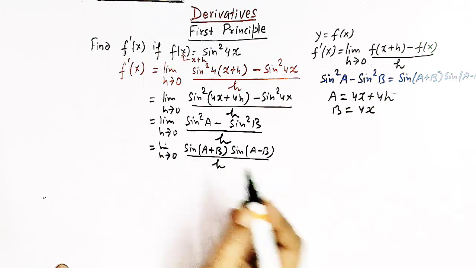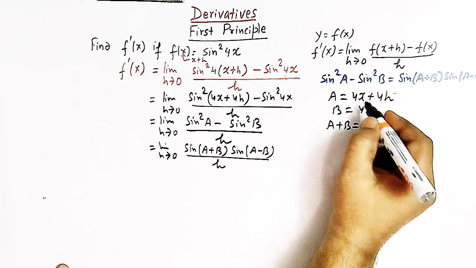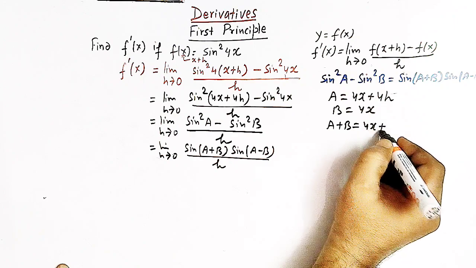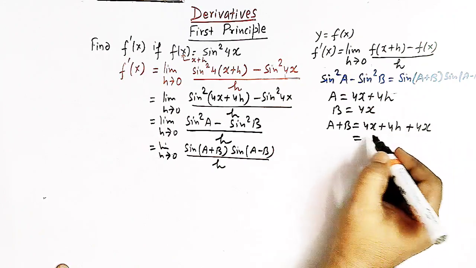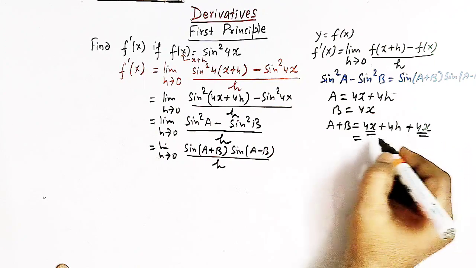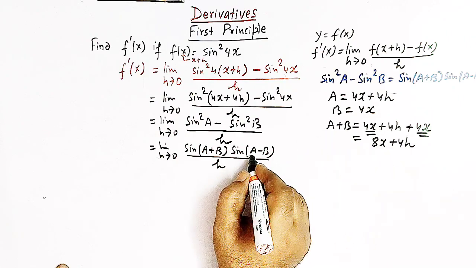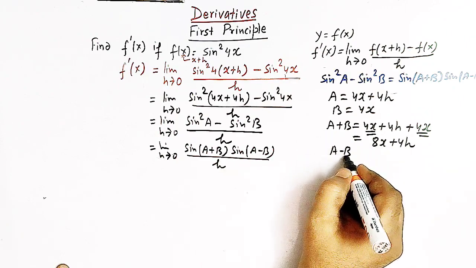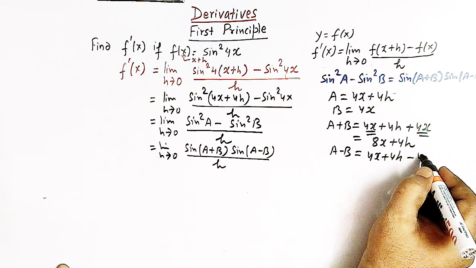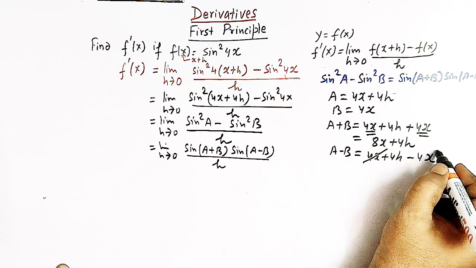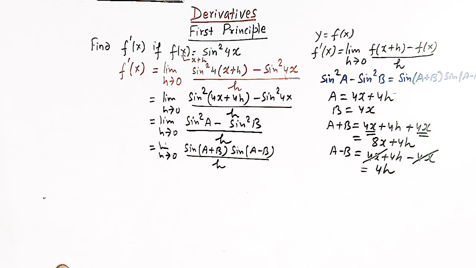So let us first find a plus b. So a plus b is 4x plus 4h plus 4x. So this is 4x plus 4x is 8x, and here we have 4h, and a minus b is given by 4x plus 4h minus 4x. These two terms get cancelled, we are left with simply 4h.